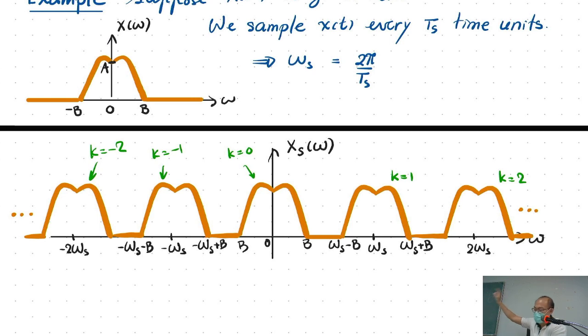We're sampling it every ts seconds, and we end up with a sampled signal that has the spectrum shown here. Now, if you look at this graph, you're going to notice that the assumption that I'm using is that omega s minus b is greater than b, right?